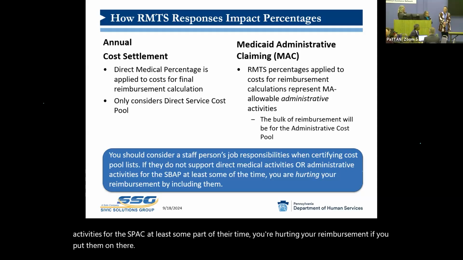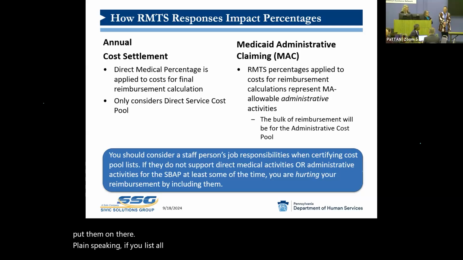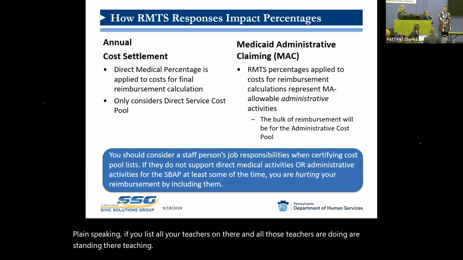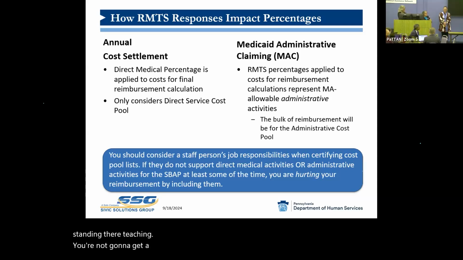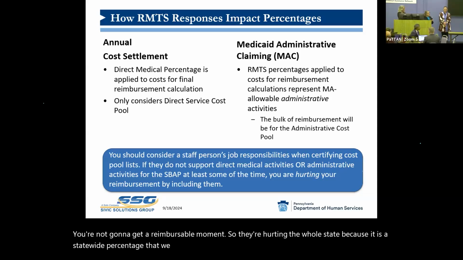Plain speaking, if you list all of your teachers on there and all those teachers are standing there teaching, you're not going to get a reimbursable moment. So they're hurting the whole state because it is a statewide percentage that we do. So think about that when you're putting your people in your staff pool.